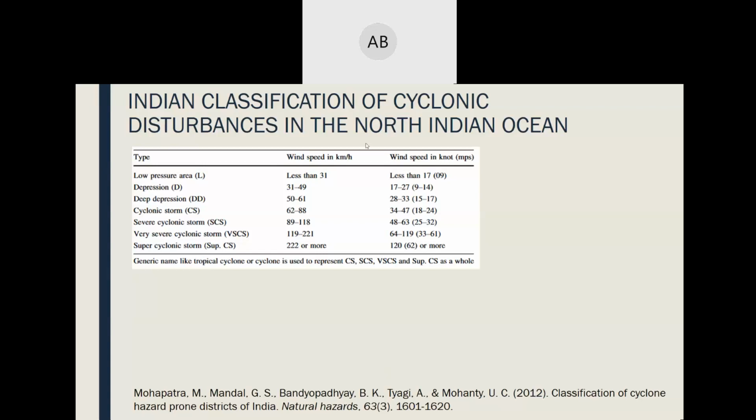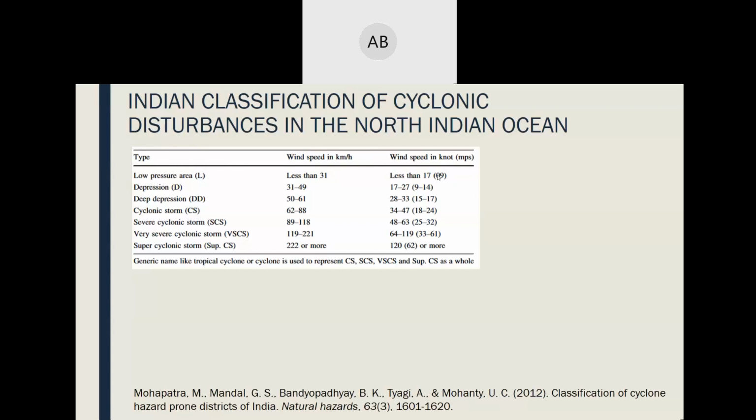It may be a little different in terms of wind speed depending on whether it is in the ocean or on land. If the wind speed on an average, in kilometers per hour, recorded on land is less than 31, then we just call it a low pressure area. So nothing very significant happens. Same thing if it is in the ocean.